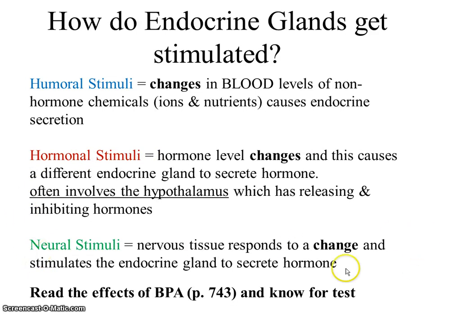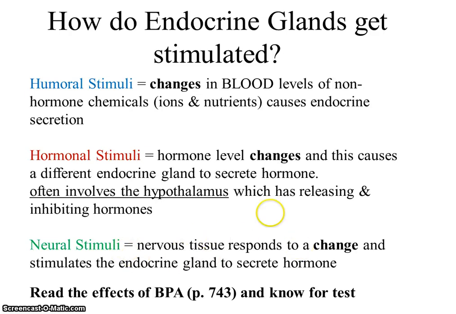And then the last category of how we get the endocrine gland to make its hormone is the neural stimuli. And really this should be the autonomic nervous system stimuli, because that's what happens. The only example of this is epinephrine and some norepinephrine from the adrenal medulla.